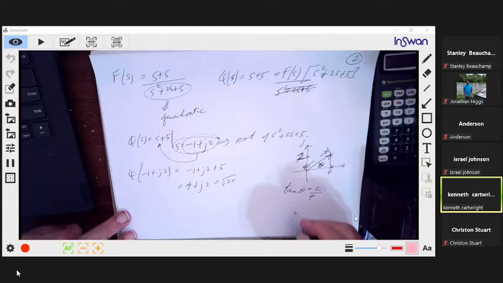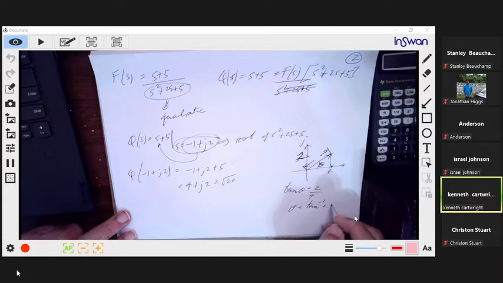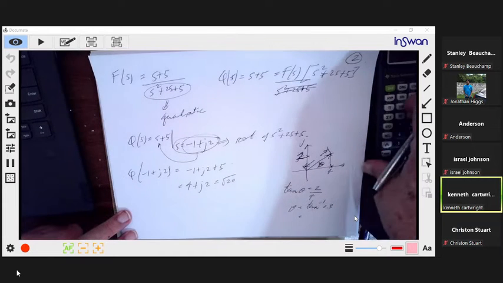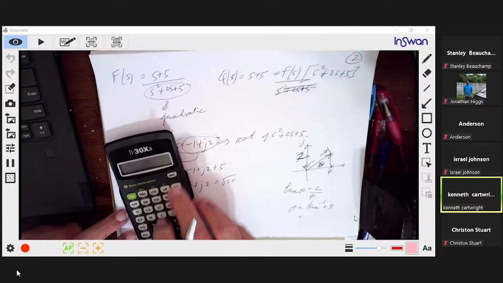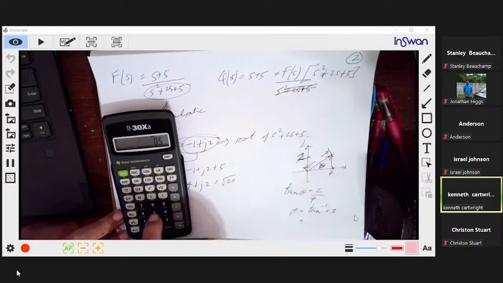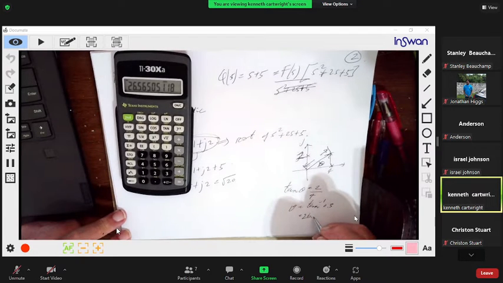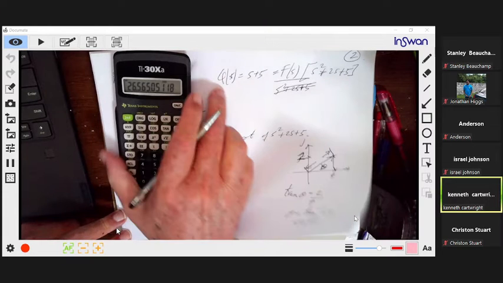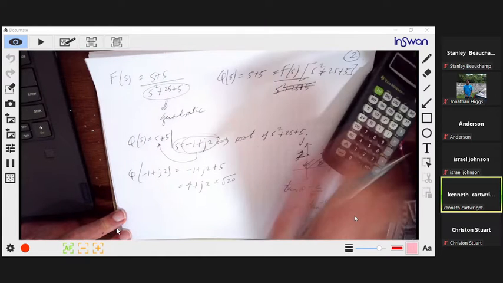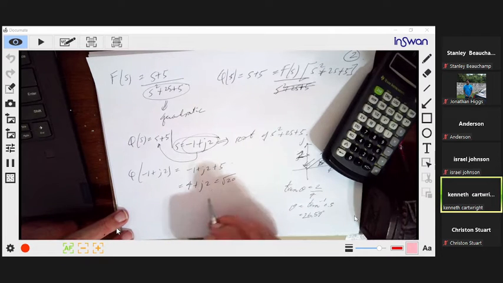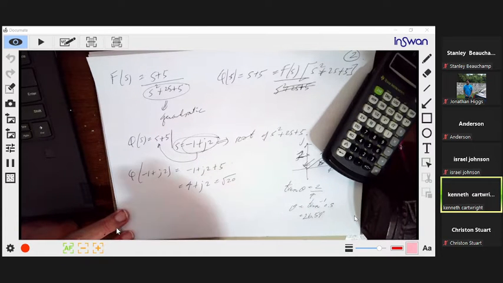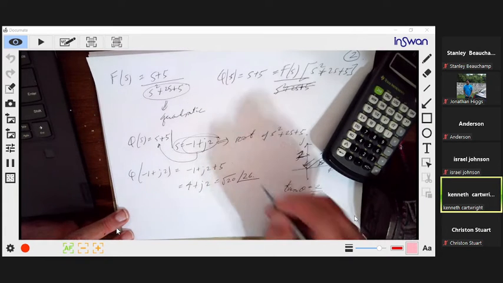So theta equals inverse tan of 0.5, which is 26.57 degrees. Okay. So 4 plus j2 is square root 20 at angle 26.57.